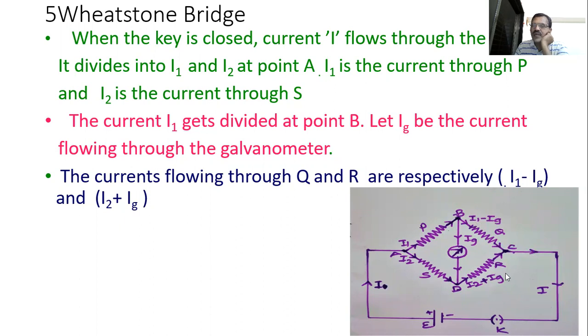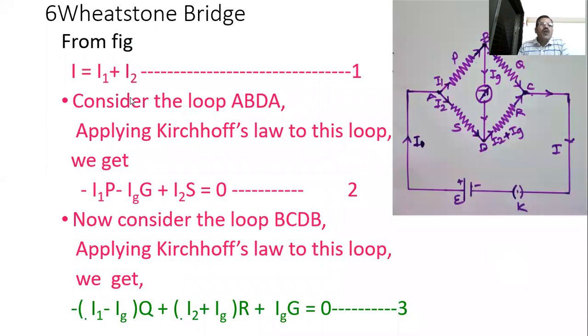So, total current will be I1 plus I2, and this is nothing but the current I. From the figure, I is equal to I1 plus I2. Current I splits into two parts, I1 and I2, and again these two currents get added and we get the current I.